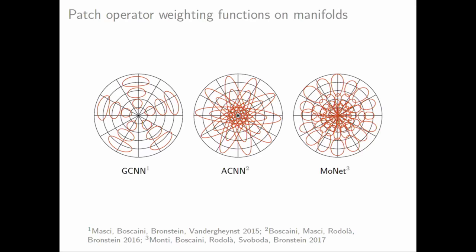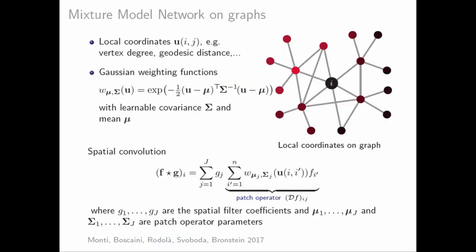The anisotropic convolutional neural networks, which used anisotropic heat kernels of the Laplacian operator, used another set of weights. And actually, you can learn the parameters of these Gaussians. You can introduce them as extra variables in your optimization problem when you do the training, and you can come up with an optimal patch operator.